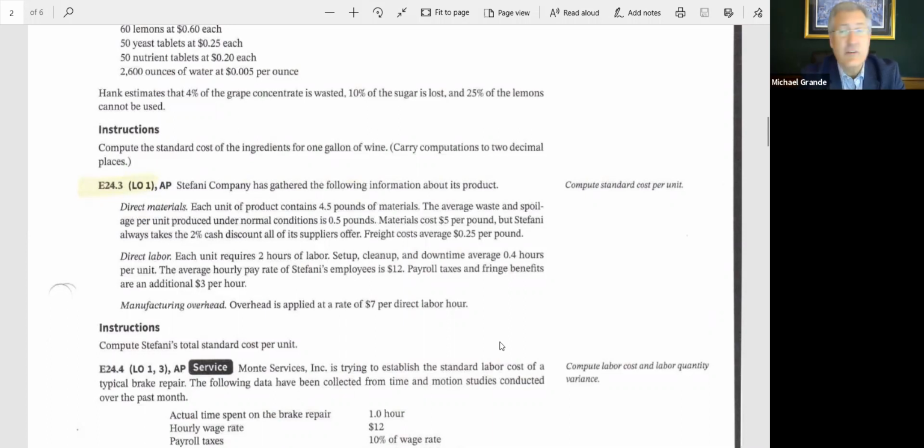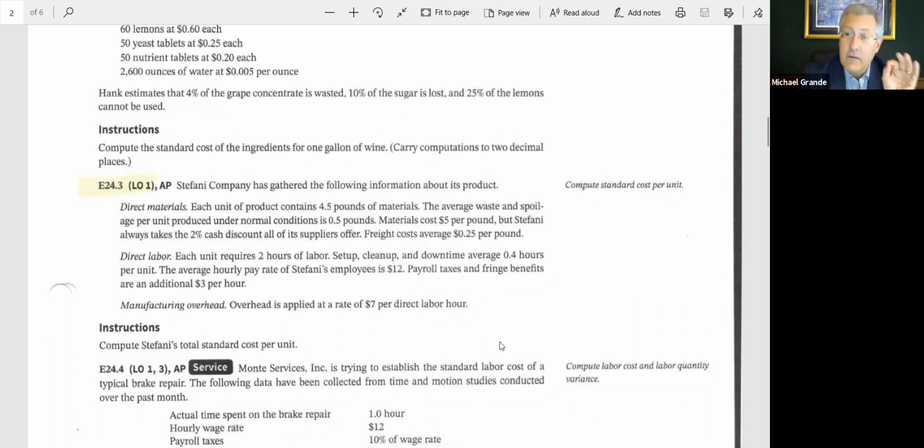It goes on to say direct labor. Each unit requires 2 hours of labor. Setup, cleanup, and downtime average 0.4 hours per unit. The average hourly pay rate of Stefani employees is $12. Payroll taxes and fringe benefits are an additional $3 per hour.